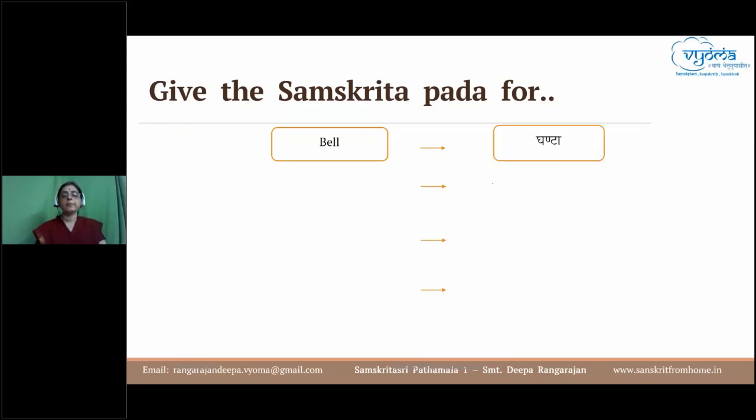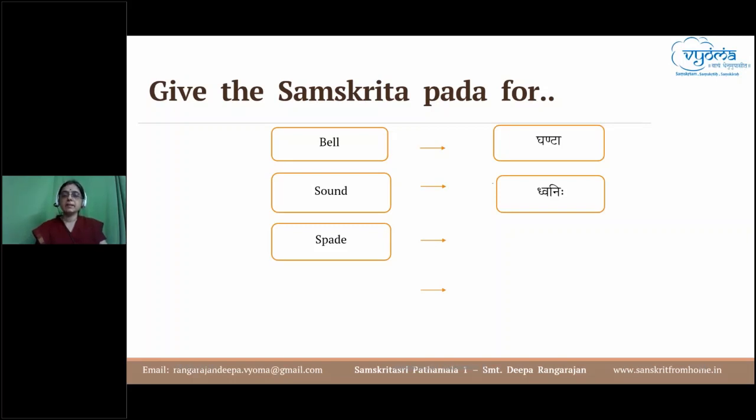Yes. Sound. Shabdaha or Dhvanihi. The word that we saw here is Dhvanihi because Dhakara and Vakara are in a Sanyoga, which means there is a Samyuktakshara between Dha and Va. Dhva. Okay. Dhvanihi.